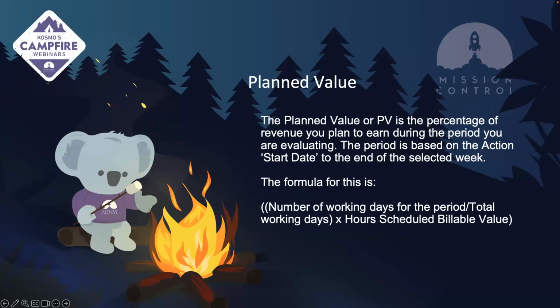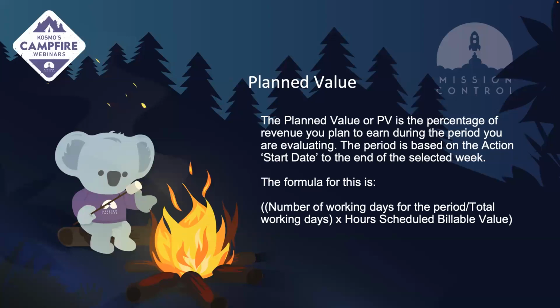So between the start and the end date, how many working days do I have scheduled? And then that is times by the scheduled billable value. And that value is going to roll up once you get your rates and your hours assigned on your project according to your resources as well.